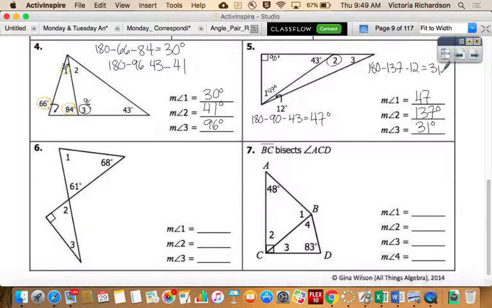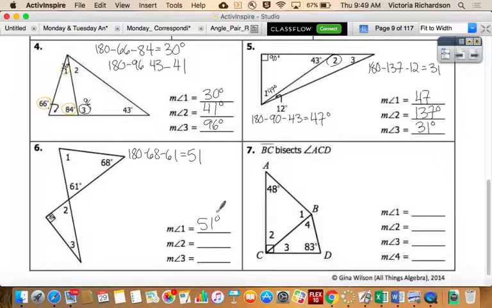On number 6, we know this right angle is 90, but we have two missing angles. So we're going to start with the top one because I have two pieces there. I'm going to subtract both of these from 180, which gives me 51. So I know angle 1 is 51 degrees.